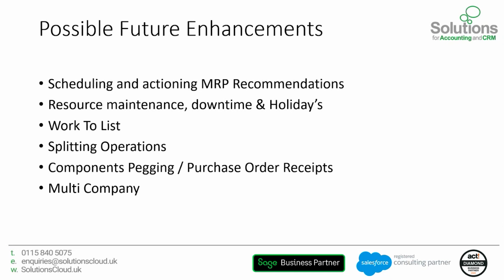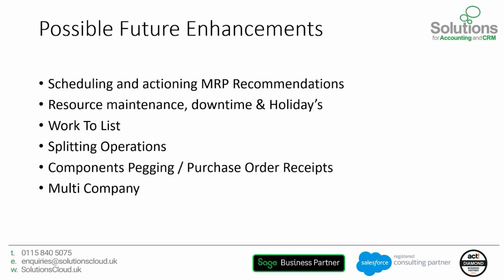At the moment, the scheduler is based on your standard working day within the MRP planning module of the system. So in the future, there are plans to expand that so you can make adjustments on different days. As I say, if you've got a machine that is going to be down for maintenance next week, you can build that information in so there is no availability to load things onto those machines.